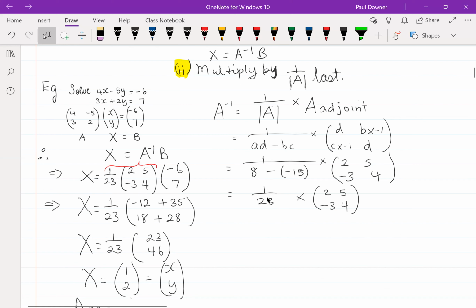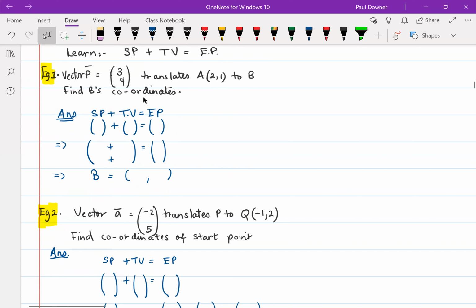So let's look at a couple examples that they could ask you in your exam. So if they tell you vector P, which is equal to 3, 4, translates a point A (2, 1) to a point B, right? They could say, based on that information, find these coordinates, all right? Find these coordinates. And you have to be able to deal with that.